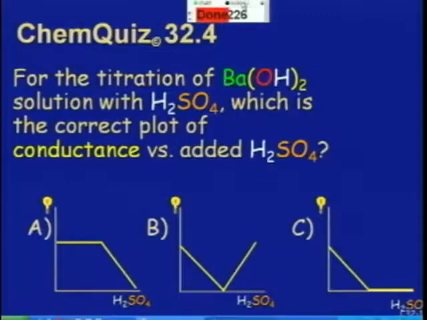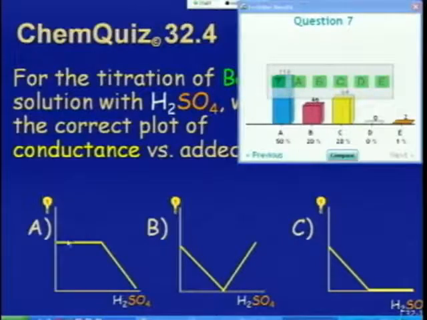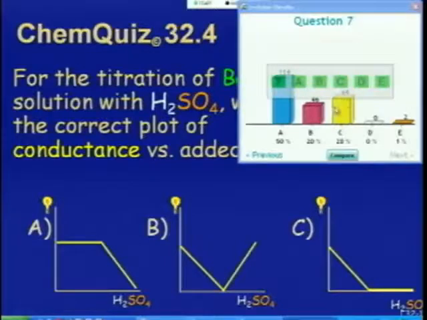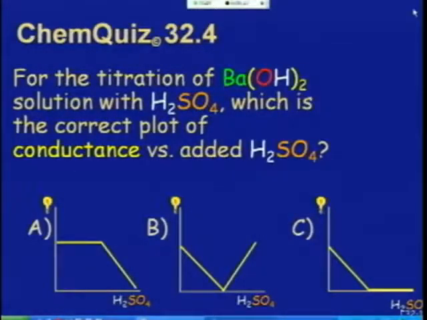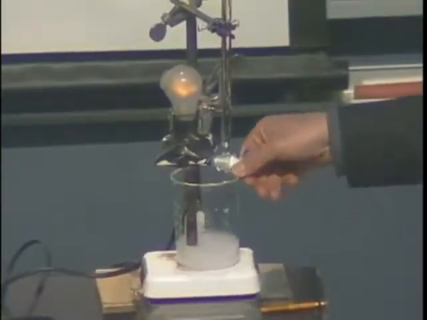So what do you think? Aha. So A is totally wrong. B is wrong too. C is right. Okay? So watch. Can I have the camera again, please? So what happens here?